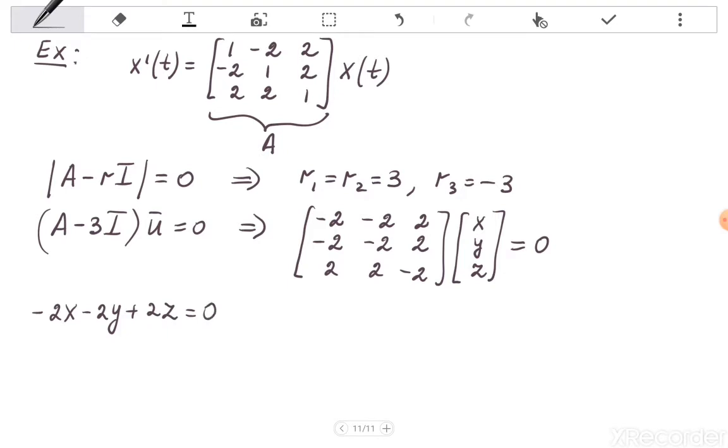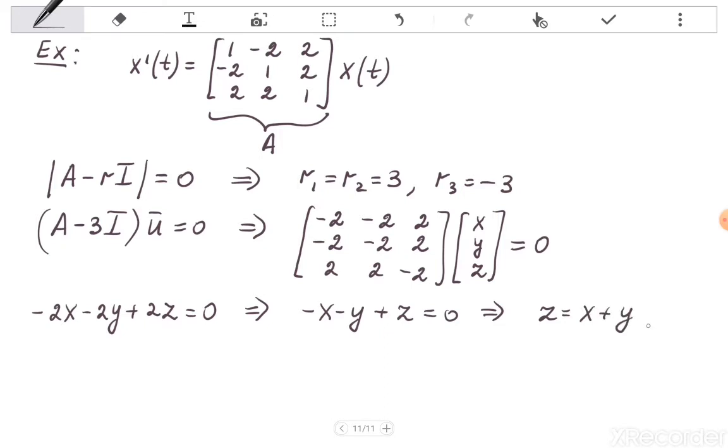So this system gives us only one equation, and since there are 3 unknowns, we have to introduce 2 parameters here. So let's first maybe divide it by 2 to make it simpler. So this is minus x minus y plus z is 0, and from this we can find that z is x plus y.